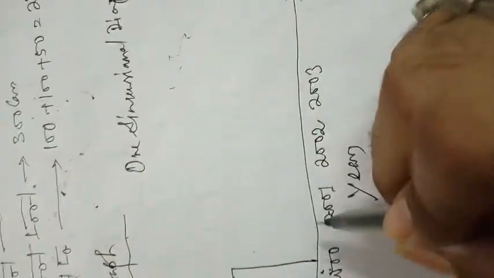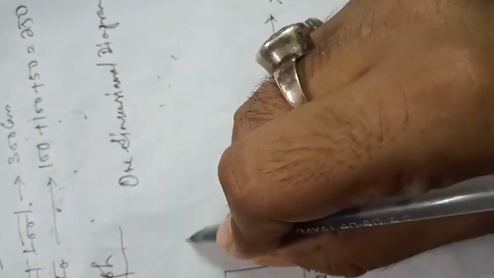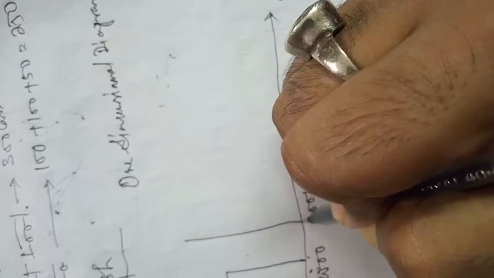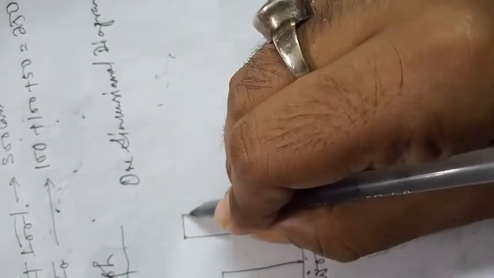This bar represents 2001, at the same distance. Each bar's width will be the same and the distance will be the same.